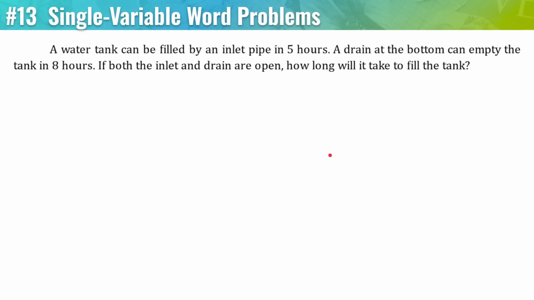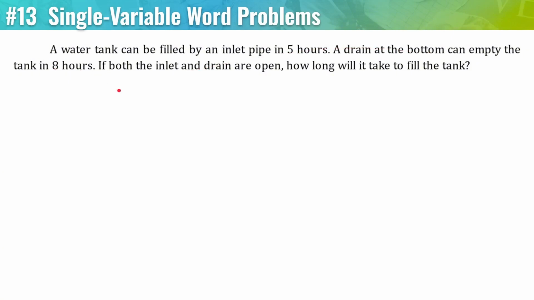So here we have another work word problem where a water tank can be filled by an inlet pipe in 5 hours, and a drain at the bottom can empty the tank in 8 hours. So if both the inlet and the drain are open, how long will it take to fill the tank? So the first thing we need to know is that the inlet pipe is positive x over 5, since that's the work that it can do, and the drain at the bottom can empty the tank in 8 hours, since that is the work it can prevent.